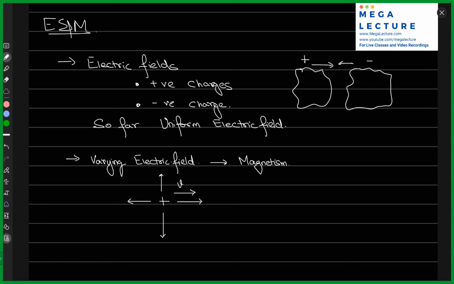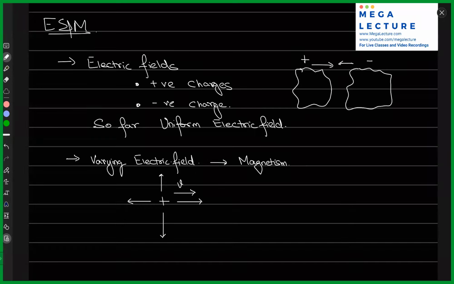So we can go even deeper. We can talk about relative motion, and then magnetism becomes even more absurd, right? Because one observer might see the charge as stationary, but another observer might see the charge as moving.